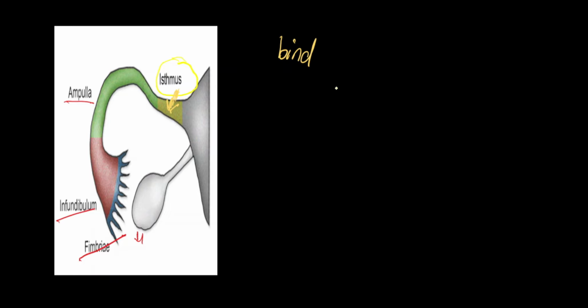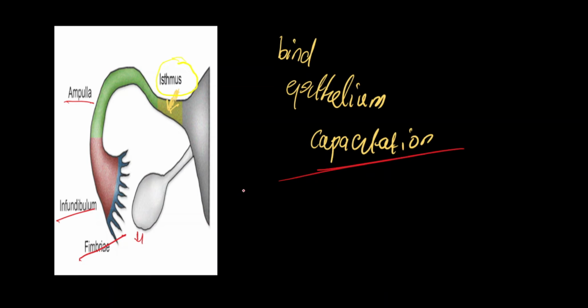And when they bind to the epithelium of the isthmus, the isthmic secretions of the tubal epithelium of this region stimulate capacitation, basically, in the sperm cells. Now, capacitation is a very important process that must take place in sperm cells in order for them to be able to fertilize an ovum.